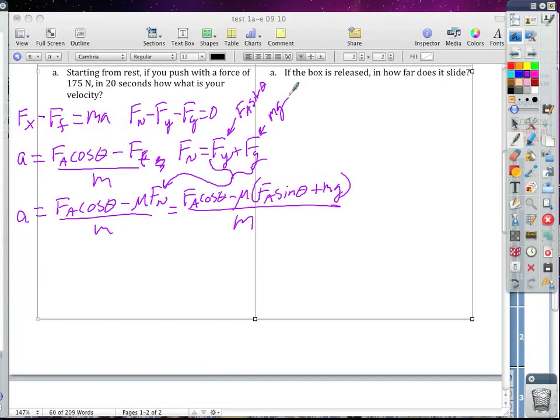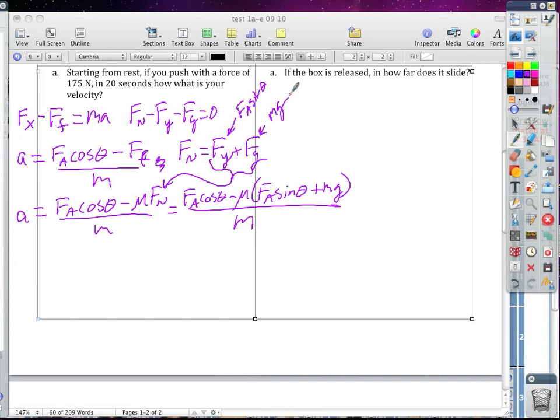So 175 cos theta times the cosine of 35 minus 0.271 times, oh wait, I know.